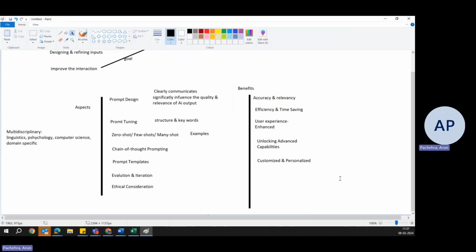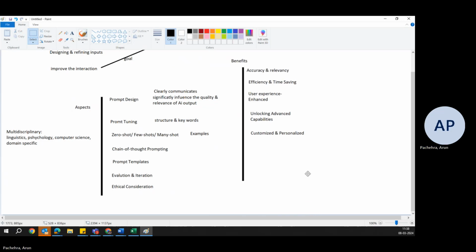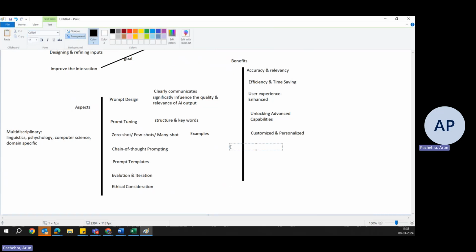And now it's time to talk about some impact of neglecting prompt engineering. It's not all good. We also should know why we should learn it, not just for the benefits, but also for the loss that can come to us, or the impact of neglecting prompt engineering.